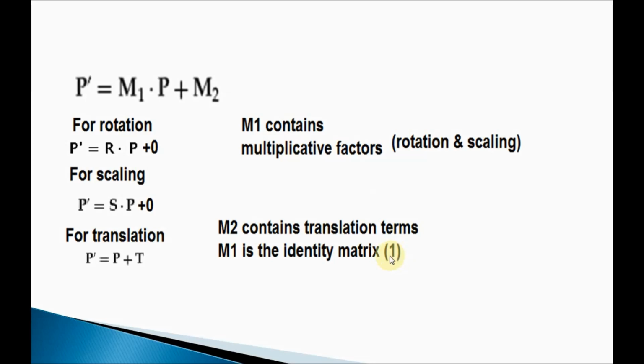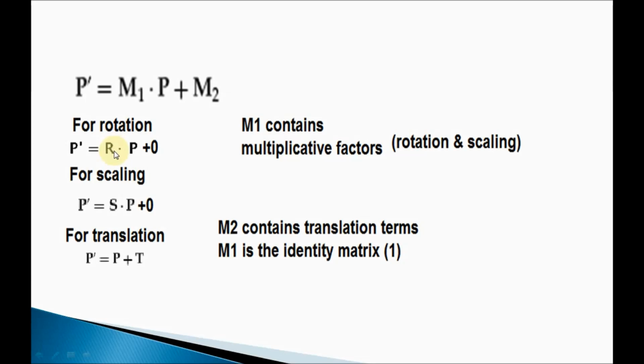Now see, for rotation, I can write the equation as P dash is equal to R into P plus 0. Here you can see R into P. M1 is replaced with R because M1 contains multiplicative factors, so I can replace it with the rotation contents.